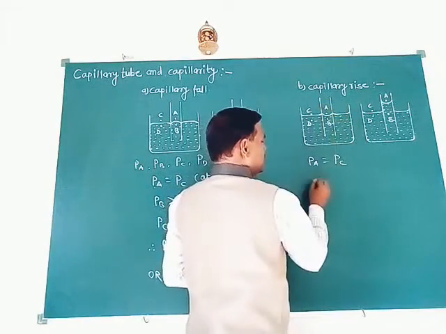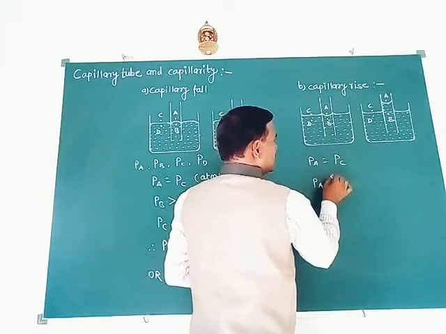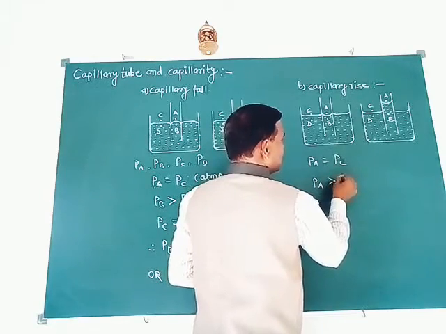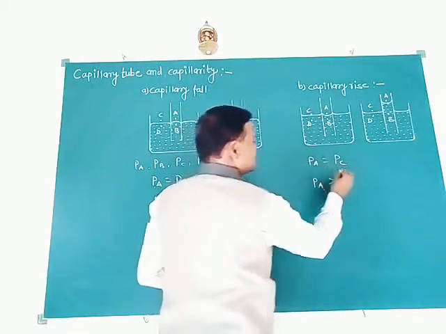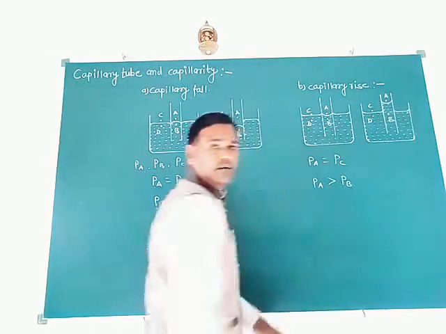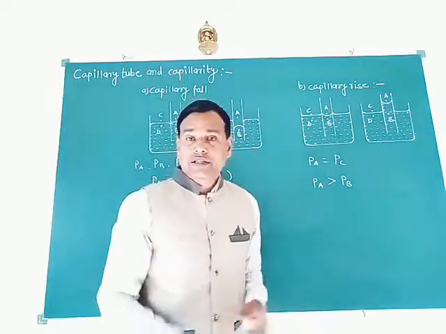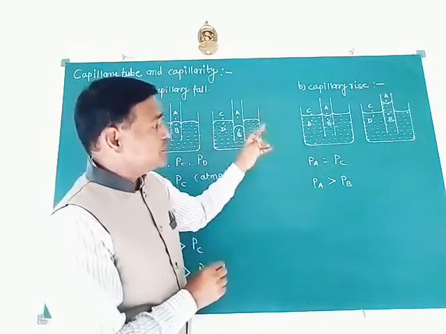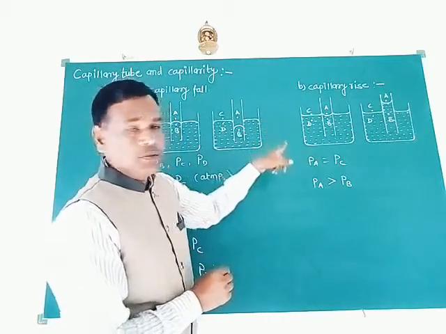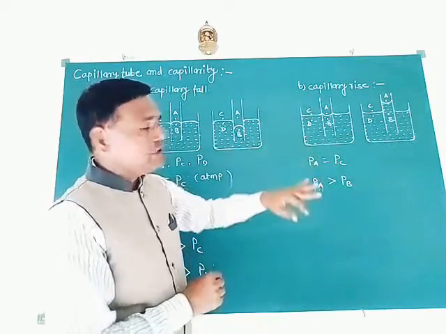What about A and B? This PA is greater than PB. Why is PA greater than PB? A point is on the concave side, B point is on the convex side.